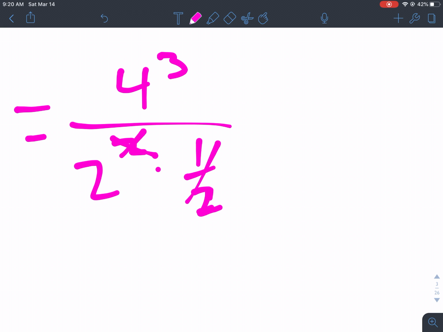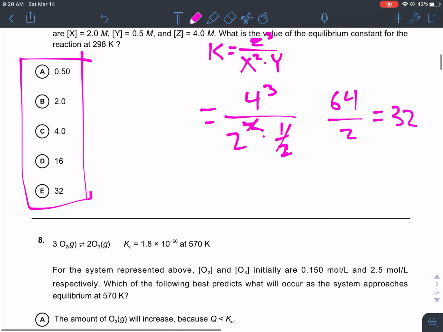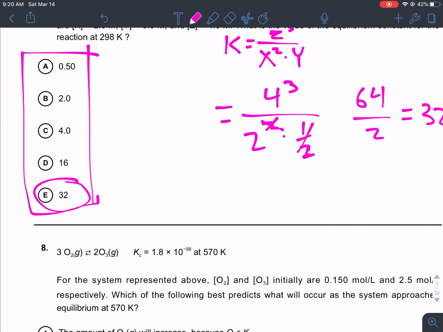I have 4 cubed, which is 64, divided by 2. What's 64 divided by 2? The correct answer is E. That's a more straightforward question. Honestly, I hope the AP exam has a bunch of questions like that. Those are the nice ones, right?